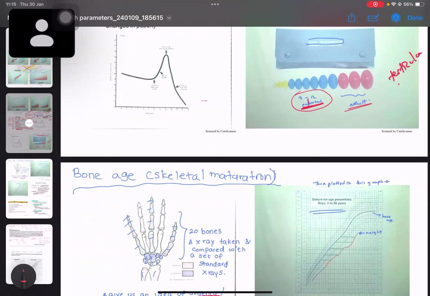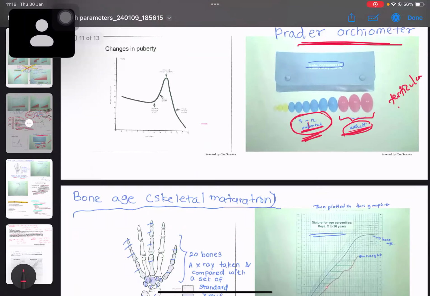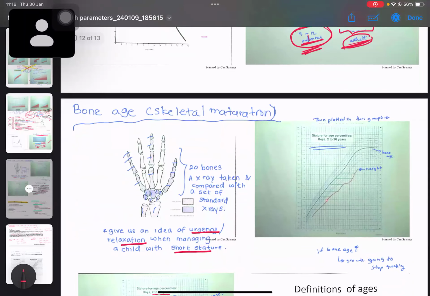There are color codes, and the 4 to 12 size is the prepubertal size, and the red one is the adult size. If it is not in the red for the adult, the testicular volume is inadequate and there is a problem. If there's a problem, we screen using this orchidometer and we treat them. We don't need those problems for our level.